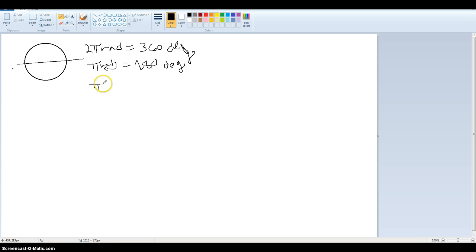So pi over pi is 1, and the other side is 180 over pi. These are canceled away, so 1 rad would be 180 over pi in degrees.